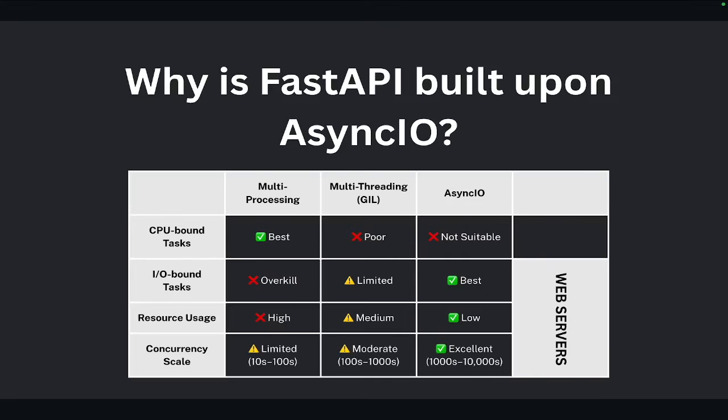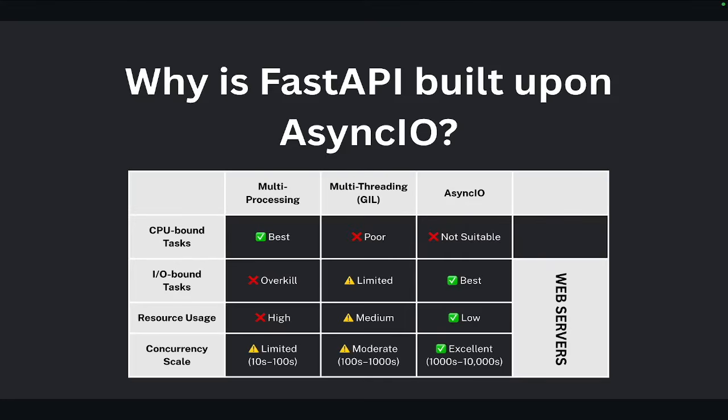But it can't be used to achieve the high concurrency and scalability needs of web servers today. Why? Because it requires spawning several threads, which gets limited by the number of available CPU cores. This also means that multithreading becomes significantly resource expensive.